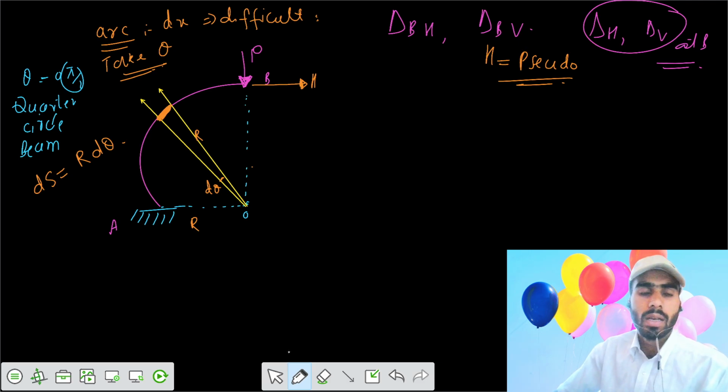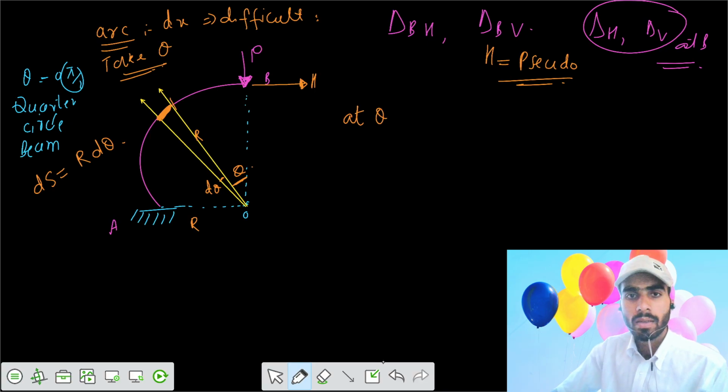Then we want to find the value of the moment at that particular theta. Say this is your theta. At theta, we want to get the value of the moment M theta.